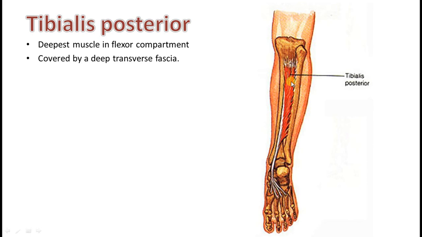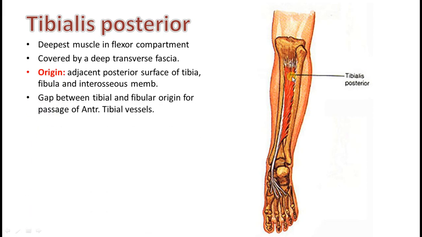So, in the flexor compartment, the deepest muscle, as I told you, is covered by the transverse fascia. There is a deep transverse fascia dividing the flexor group of muscles into superficial and deep groups, present immediately on top of this tibialis posterior muscle. It arises from the posterior surface of tibia, fibula and the adjoining interosseous membrane.